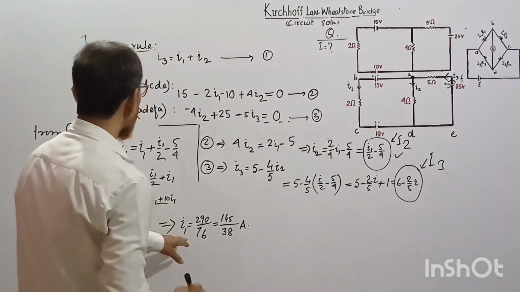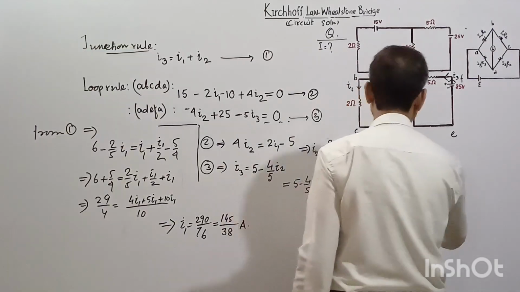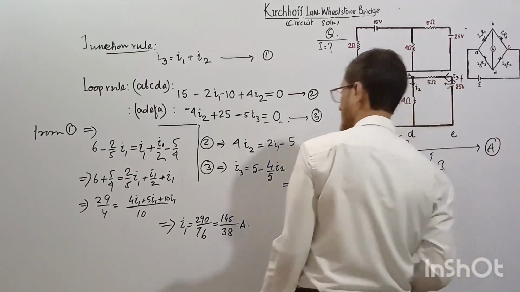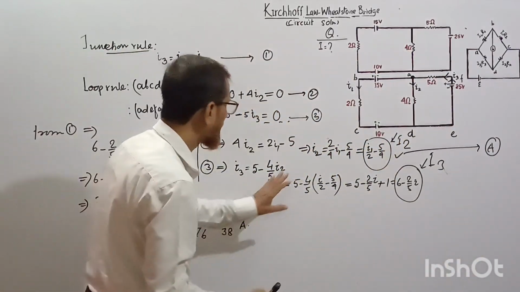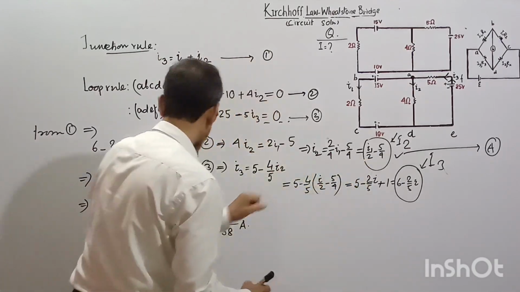So if we put the value of I1 from here, simple calculation, you put the value of I1 here, you will get I2.